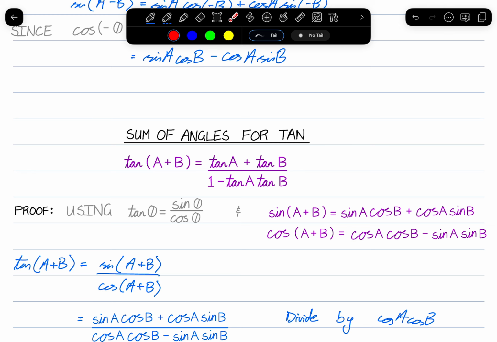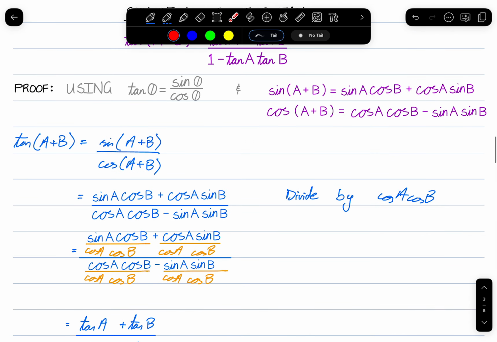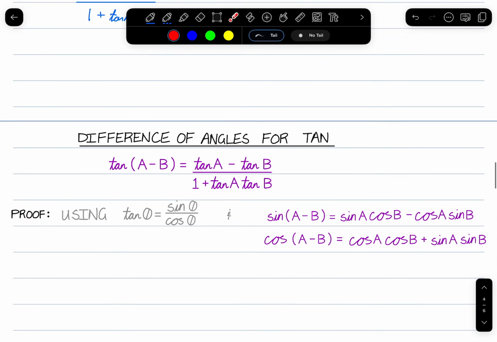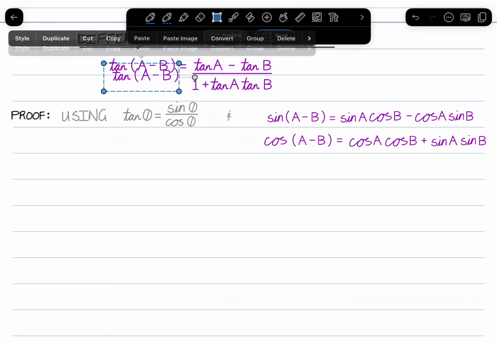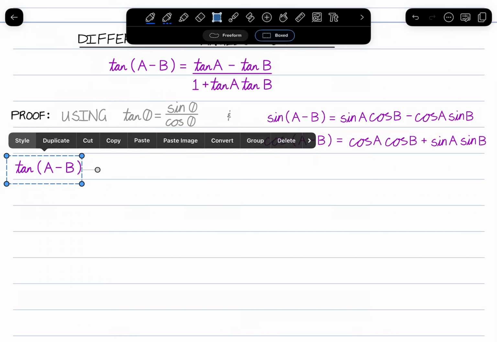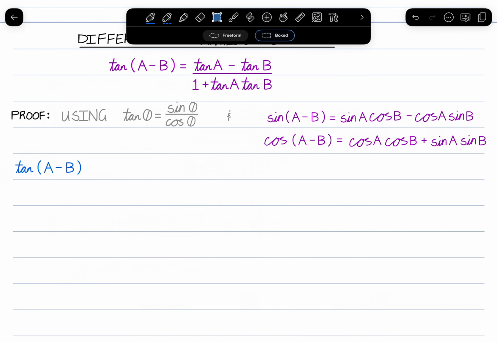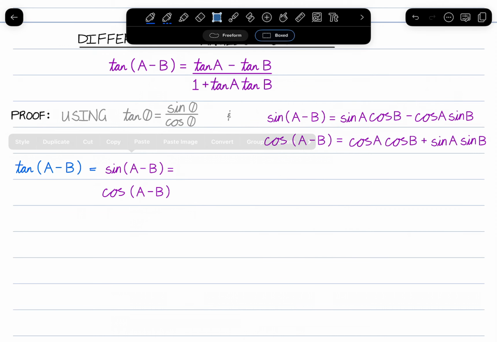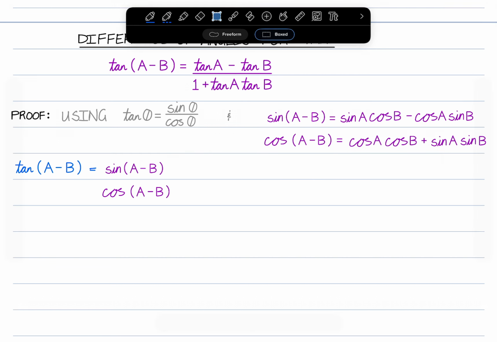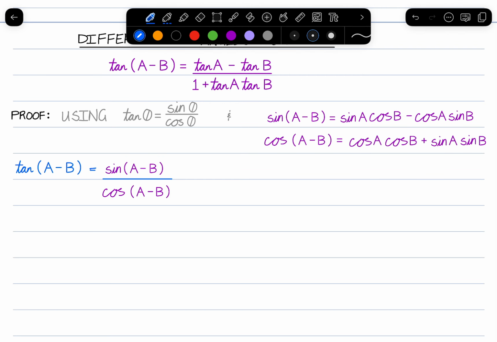Now that we've seen this, you can probably guess we're going to do the exact same thing for the difference of tan A and B. So, again, just copy pasting all of these. Tan A minus B is going to be, well, it's going to be these two. Just copy pasting this to make it easier for myself, all over.